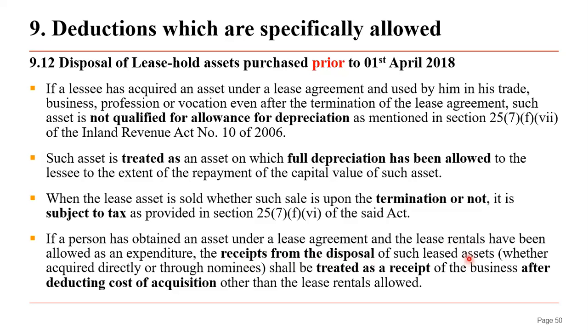Let's say a lorry company has purchased under lease term, then sold this asset during the year. Whatever amount they got, we call it receipt from the disposal of lease asset, whether acquired directly or through a nominee, and shall be treated as a receipt of the business after deducting cost of acquisition.